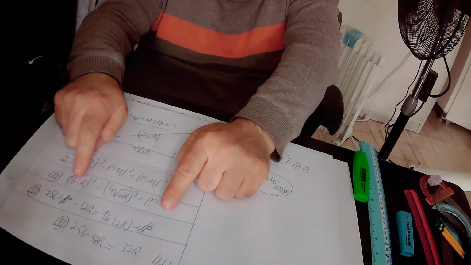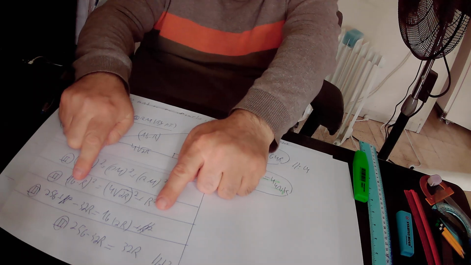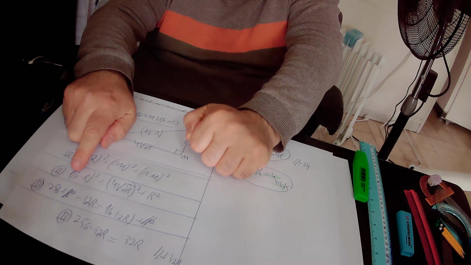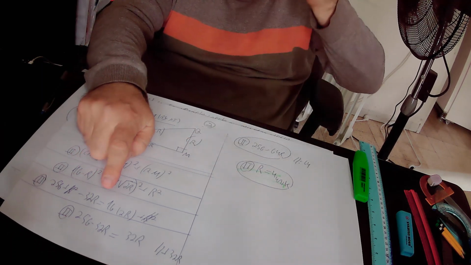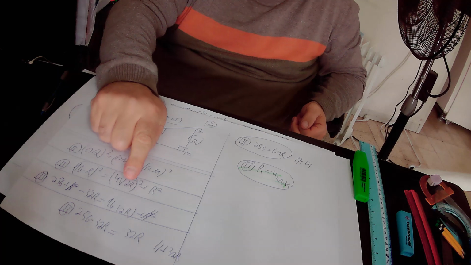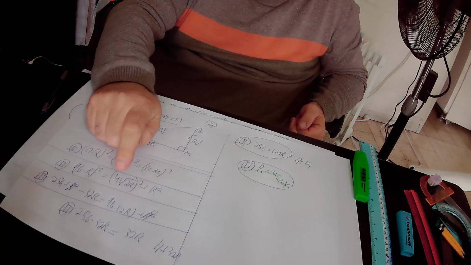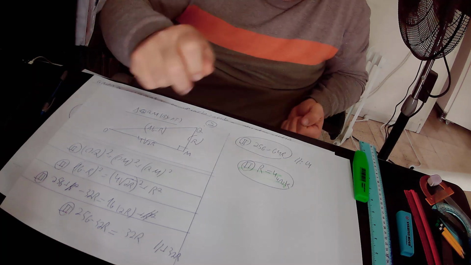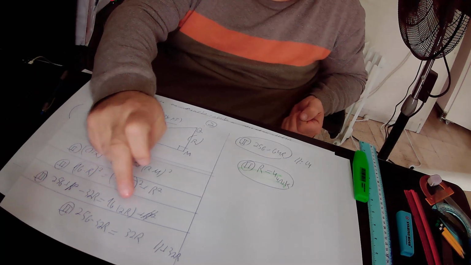Here we have R square on both sides of equation 2, so R square cancels. On one side we are left with 256 minus 32R, and on the other side we are left with 32R, because 16 times 2R is 32R. So 256 minus 32R equals 32R.